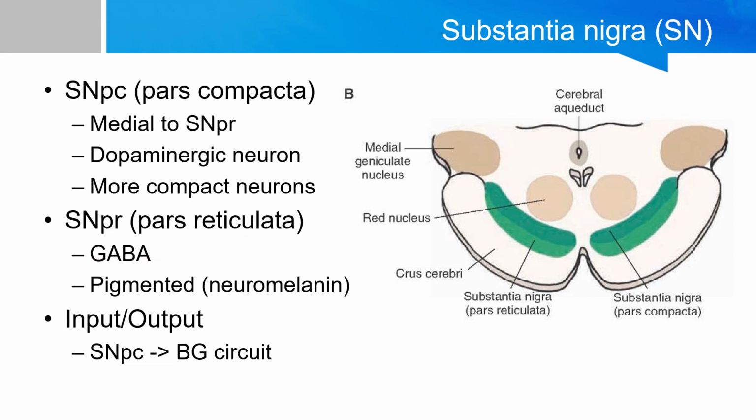And remember that we said that for all intents and purposes, we can lump together the globus pallidus internus with the substantia nigra pars reticulata system, and that is also reflected here because both structures use the same neurotransmitter, which are inhibitory neurons. And so, as we talked before, the substantia nigra pars compacta participates in the basal ganglia circuitry.